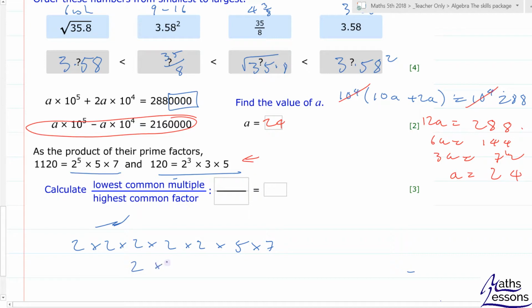And we've got 2 times 2 times 3 times 5. And the highest common factor, what's common to both? So we have a 2 common to both, and another 2 common to both, and another 2 common to both. And we have a 5 common to both. So that's my highest common factor. So my highest common factor is 2 times 2 times 2 times 5. And you'll see why I've written it out that way.